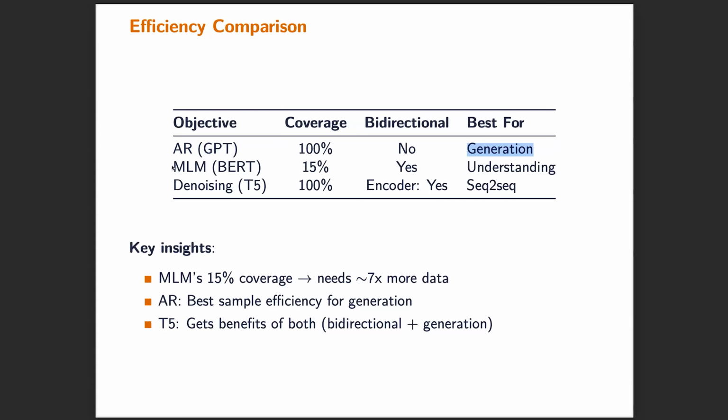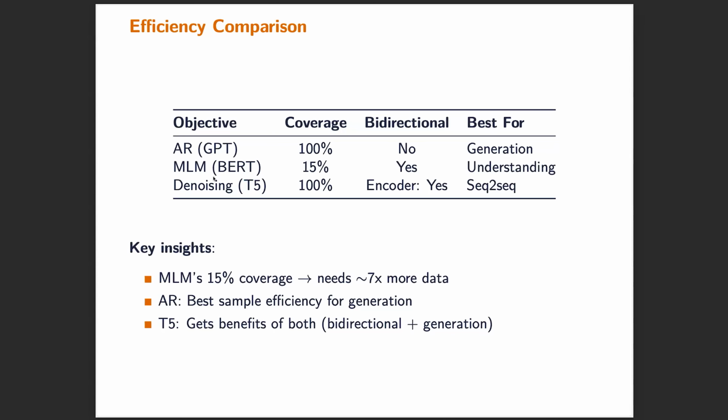We discussed this masking way of self-supervised learning. In BERT, for example, we only use 15% of the data as supervision signal, of course, in a bidirectional way. And this is great for understanding, not really generating. And then we discussed T5, which uses both encoder and decoder very efficiently and gets the benefit of both worlds.